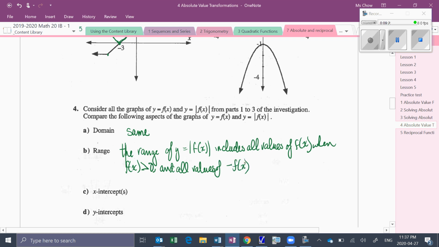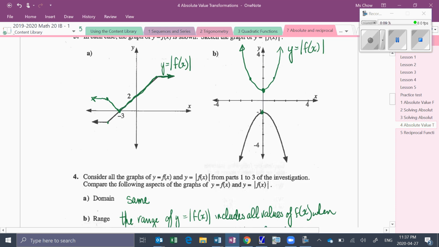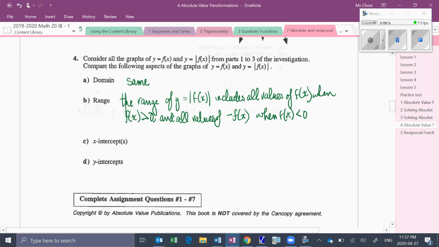So basically, if it was negative 1, for example, right here, then it becomes the negative of that, which is positive 1, when f of x is less than 0. So essentially, all this statement says is that anything that was already greater than or equal to 0 stays the same. Anything that was less than 0 now becomes the opposite of that. So negative 1 times those values.